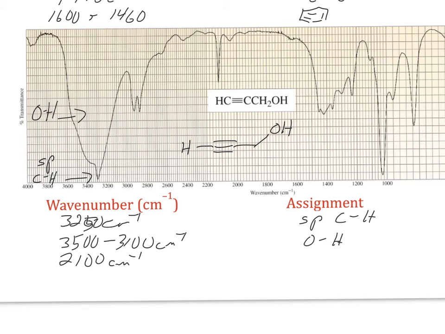We have these regions where this is the double bond region. Around 2200 is the triple bond region. And that represents the C triple bond C. That's that peak right here, which represents that stretch. There you go.